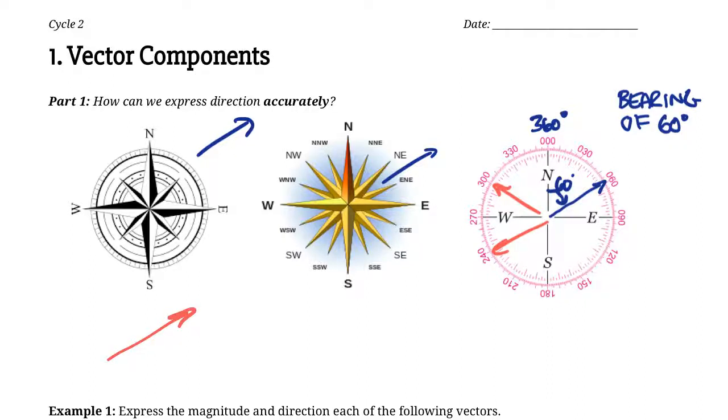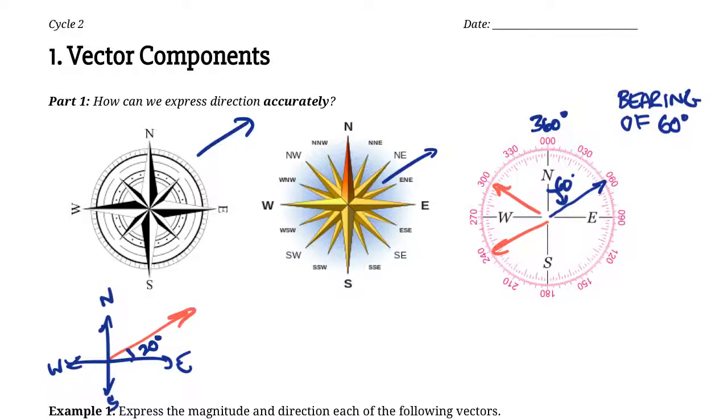We look at the angle it makes with the north, south, east, or west. We look at the angle it makes with east in this case, and say that's a 20-degree angle.